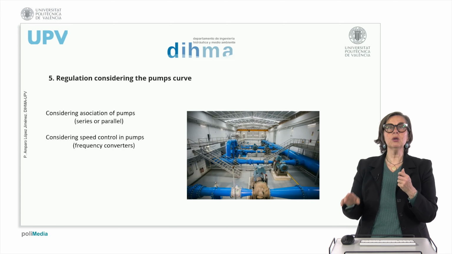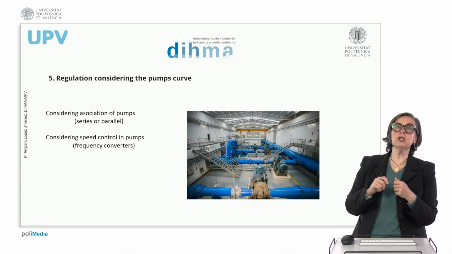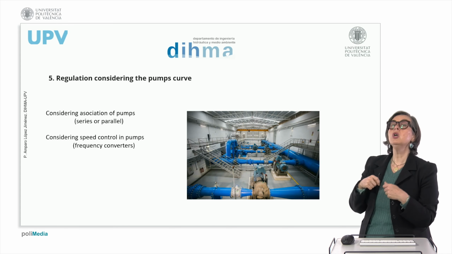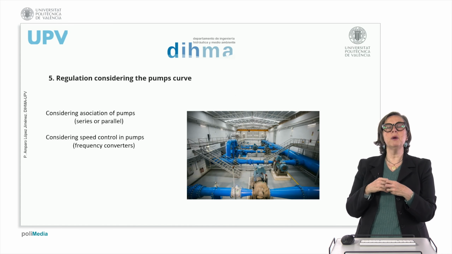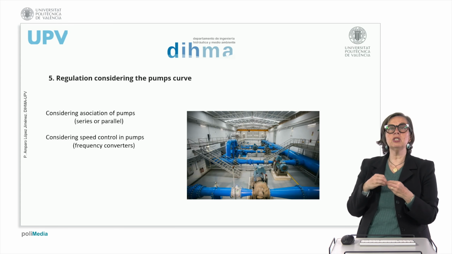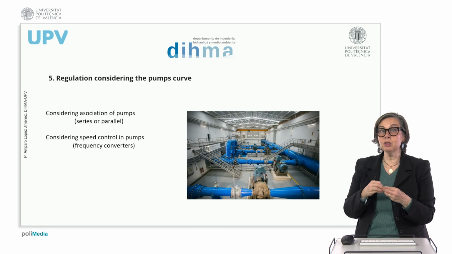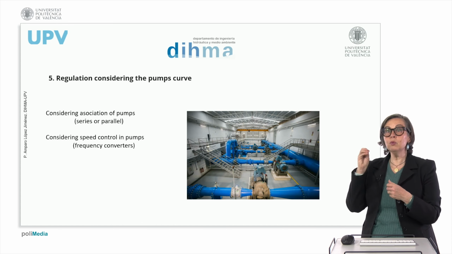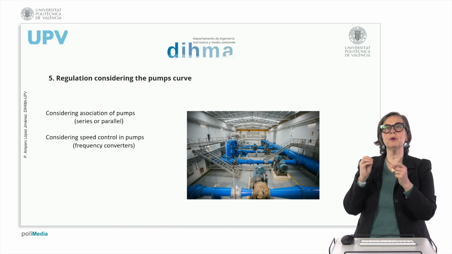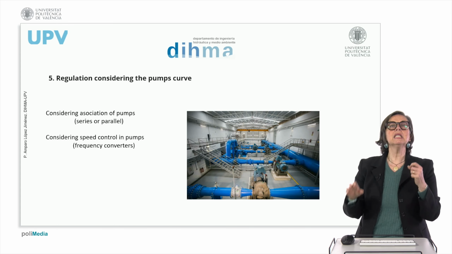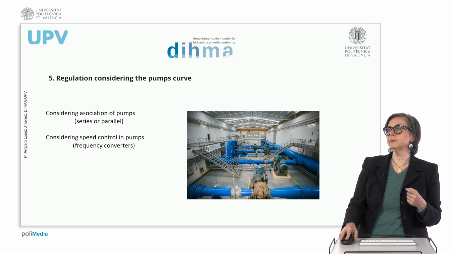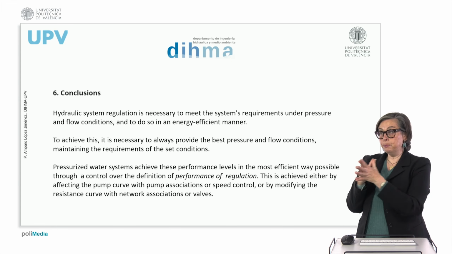And on the other side, we can do it by changing the pumps' characteristic curves, considering association of pumps in series or in parallel, or considering variation in speed of the pumps with frequency converters, which is the simplest because we can play with the velocity of the machine to achieve several operation points.